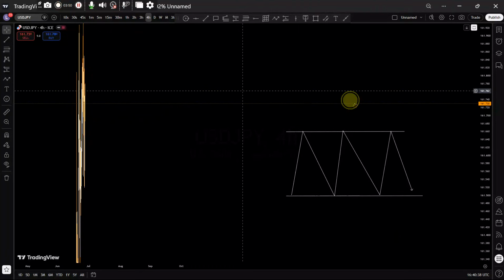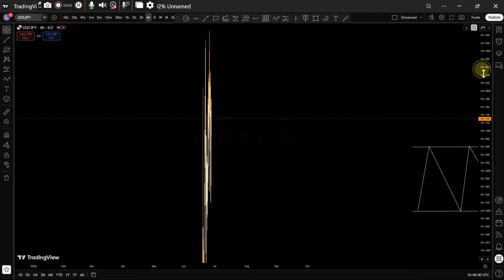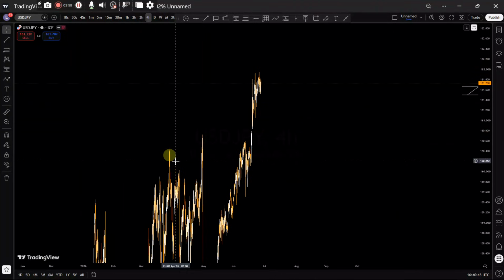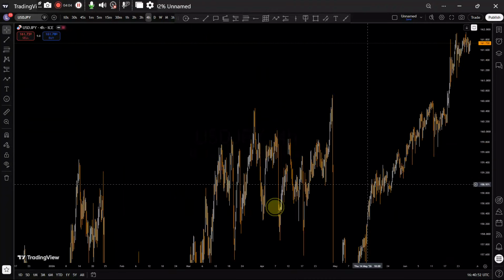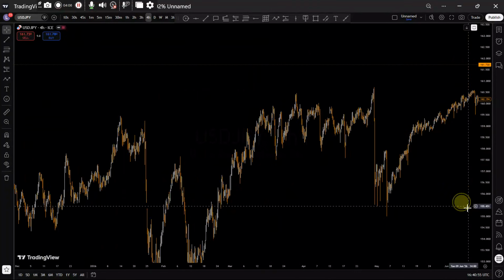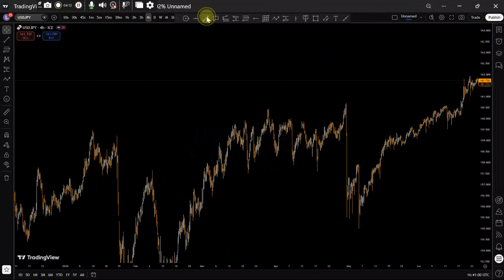So if we go to the chart, we are looking for something like that. What should we be expecting now? This is a ranging market.